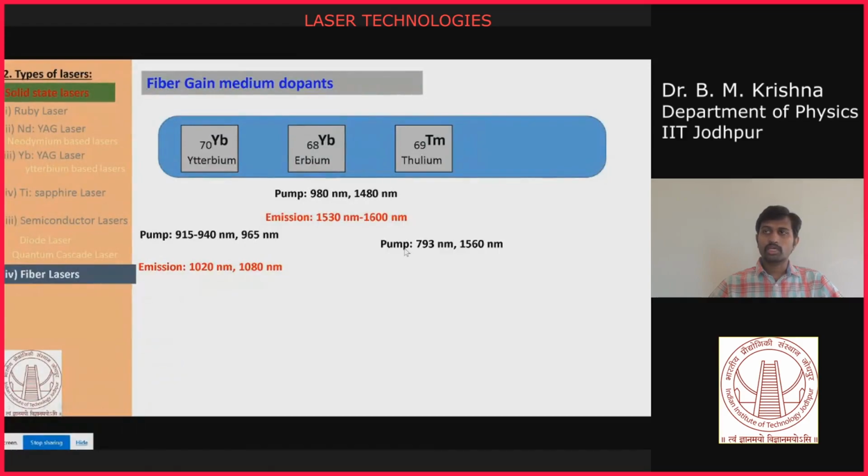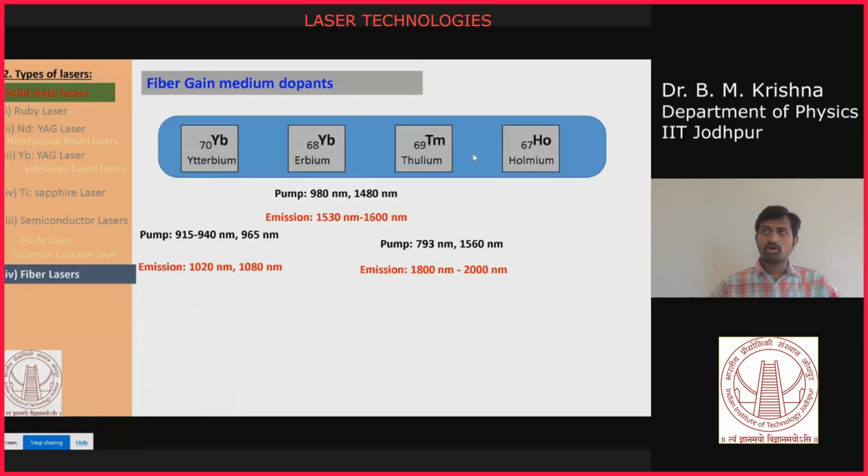Thulium can be pumped at 793 nanometers and 1560 nanometers, and you will get emission wavelengths from 1800 nanometers to 2000 nanometers. And holmium can be pumped at 1950 nanometers, with emission wavelengths from 2000 to 2100 nanometers.